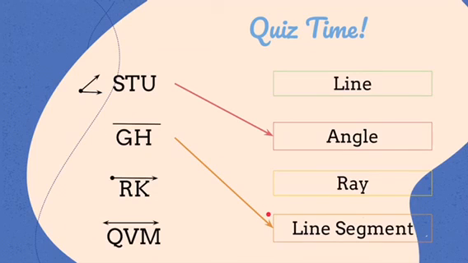This is a line segment because it has a line above GH but with no arrows. This is a ray because it has a ray sign right above it. And last, this is a line because it has a line with 2 arrows over it.